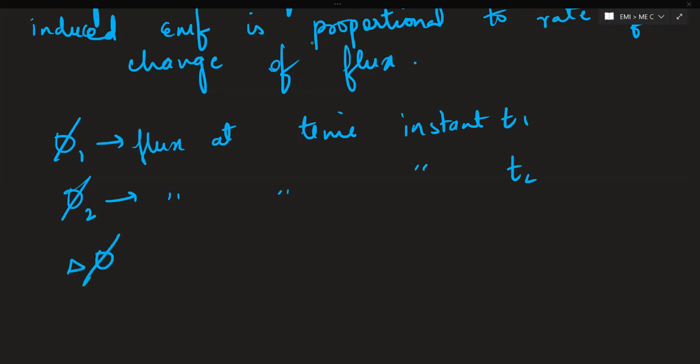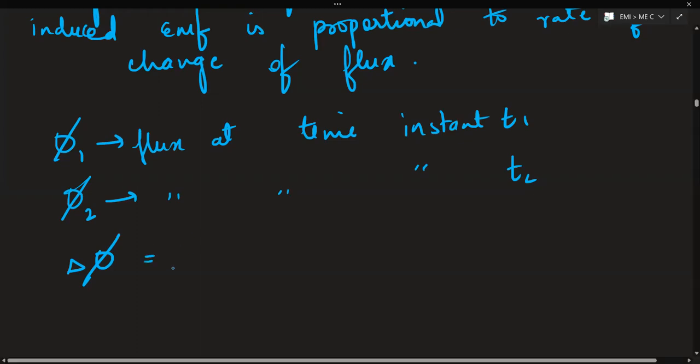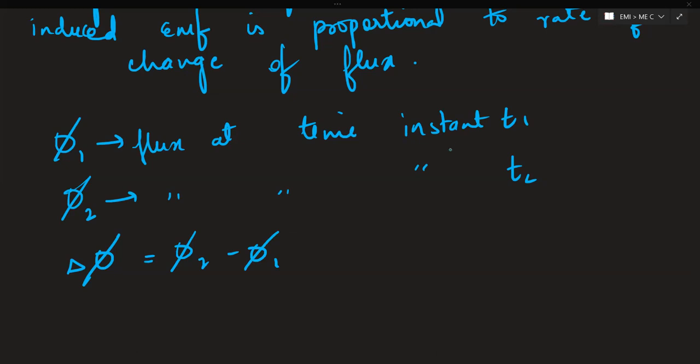The change in flux. How do you calculate the change? Final flux minus initial flux, that is phi 2 minus phi 1. This is time instant t1, that is time instant t2.